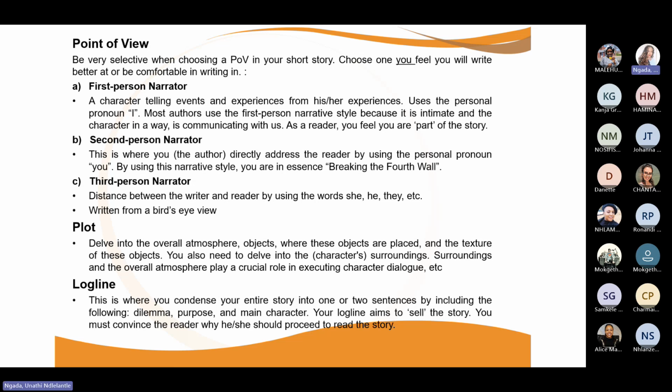What is the success rate of writing in second person? At an academic level, I would say not so much, simply because the student would unknowingly switch between second person and third person, right?